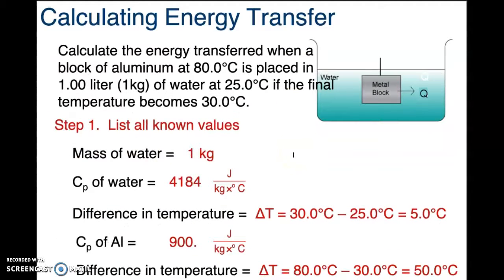Like if you dropped an 80 degrees Celsius piece of aluminum, which is pretty warm because 100 degrees is boiling, into a cold water tank. Actually, that's not cold, that's room temperature.